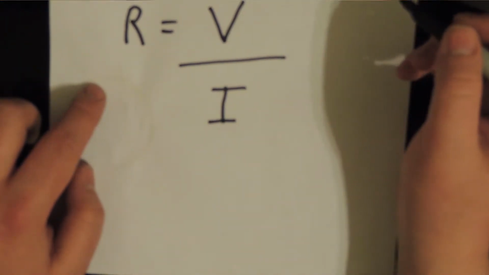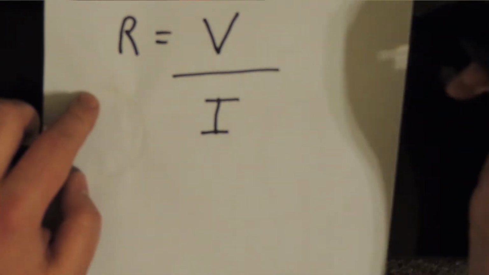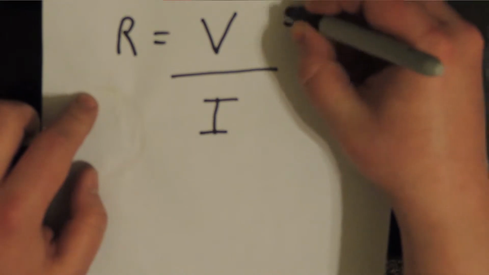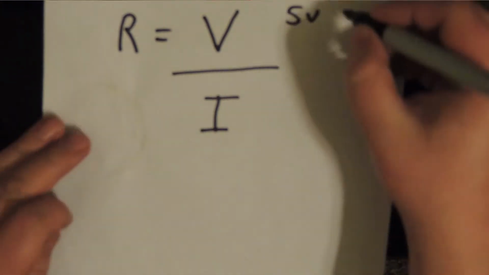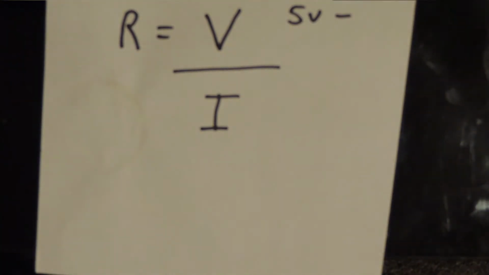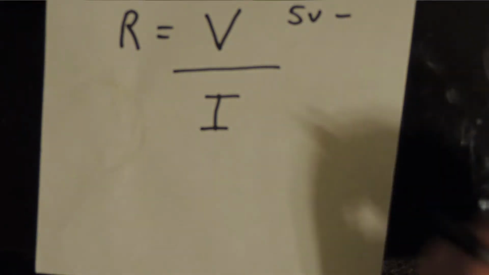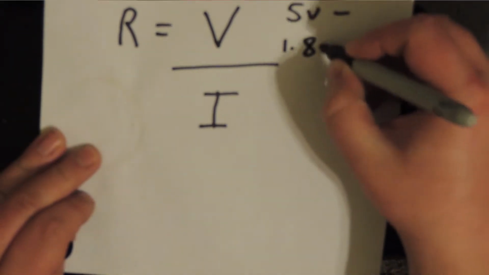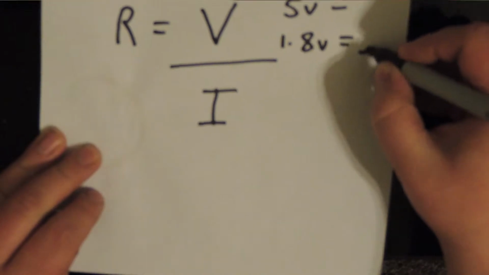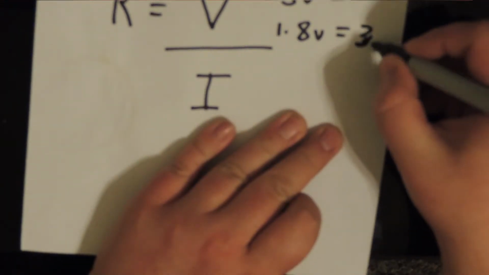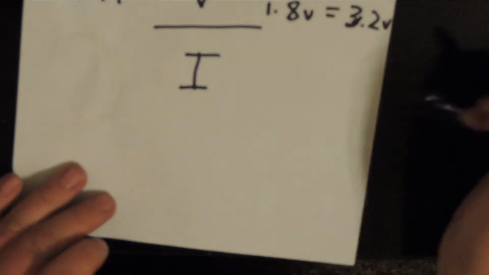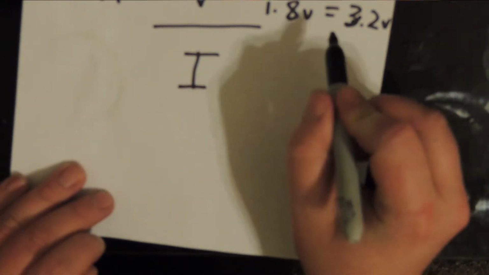So we just need to plug some numbers into this calculation now. V is going to be our supply voltage, so let's say in this case that that's 5 volts, minus the voltage drop of the LED, which is 1.8 volts, which gives us 3.2 volts. Divide that by the desired current.